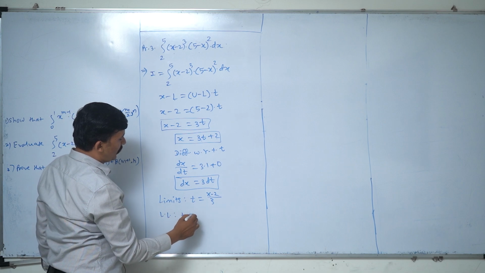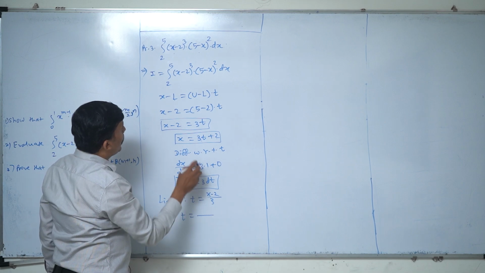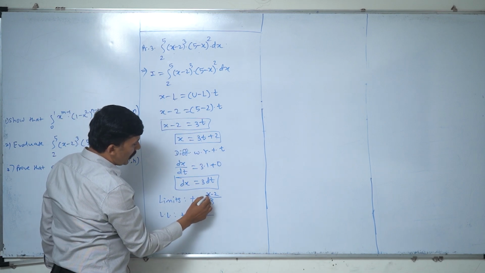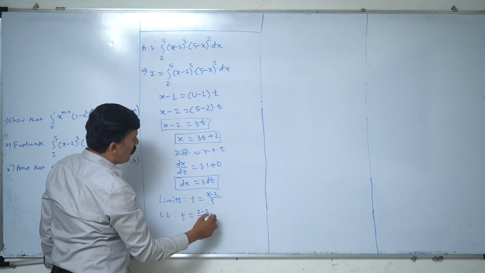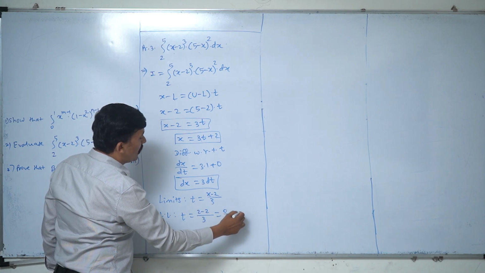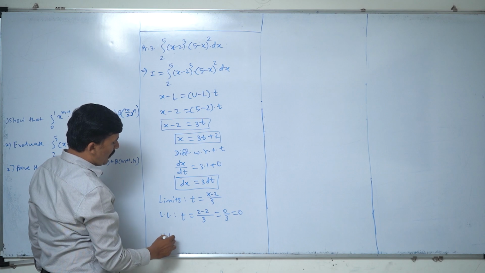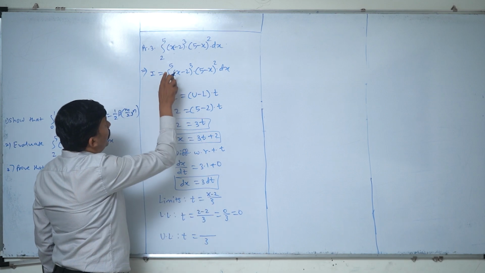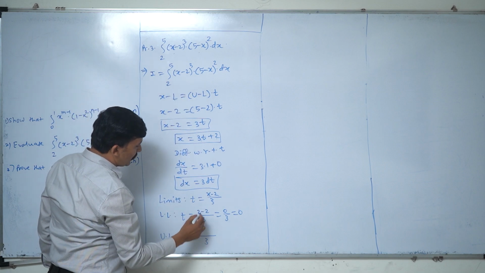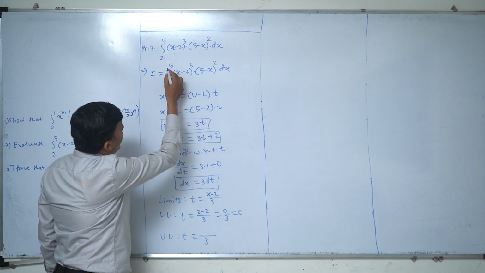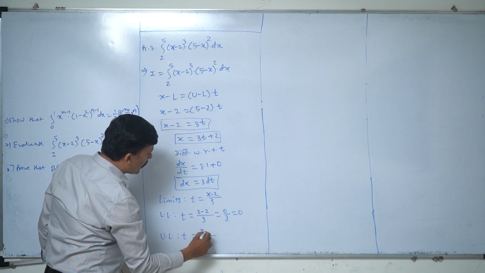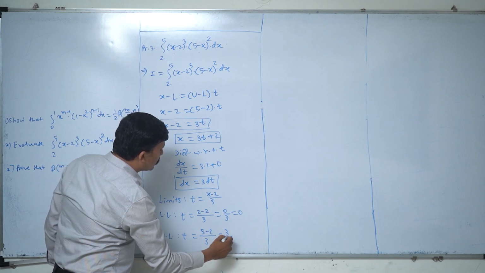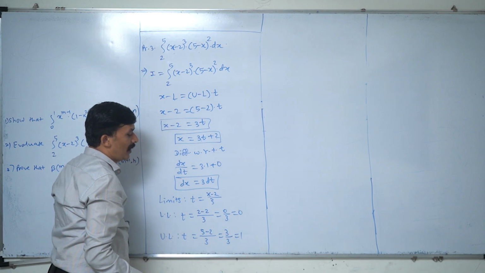Lower limit: what is the lower limit of x? 2. So put x equals 2, 2 minus 2 upon 3, so 0 upon 3 is 0. Upper limit: now put x equals the upper limit, 5 minus 2, that is 3 upon 3 is 1.